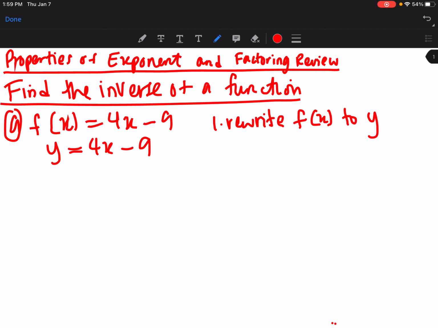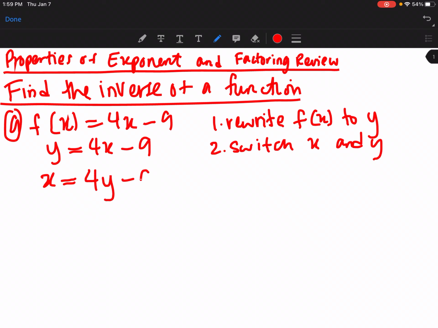Then once I have it in the form of y equals, I want to switch my x and y. So from my y here, it's going to become x is equal to 4, my x will become y, minus 9.